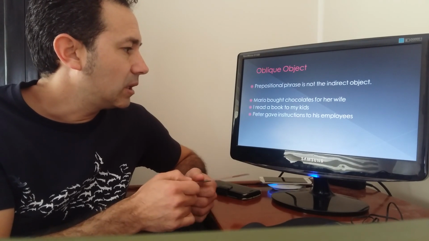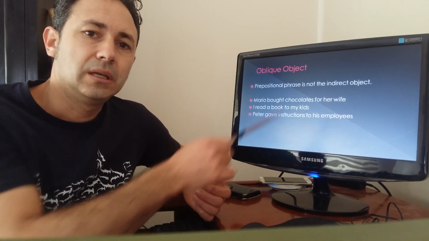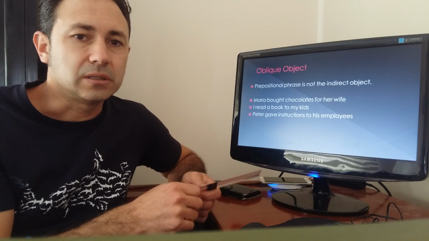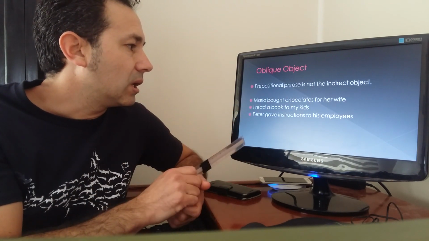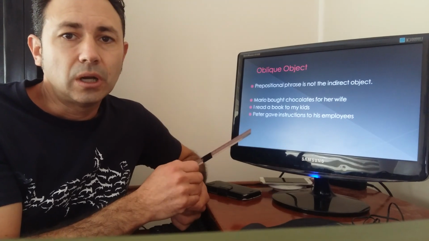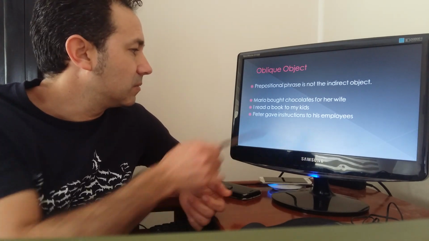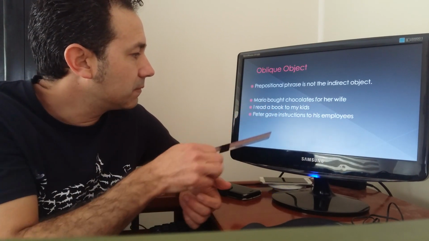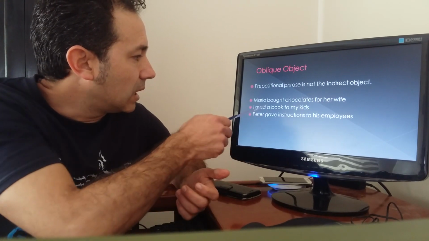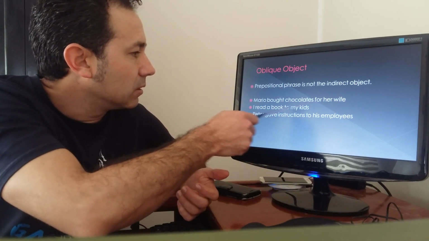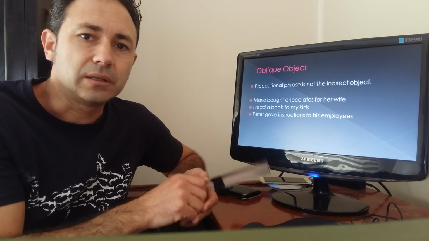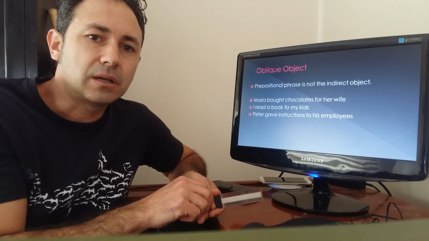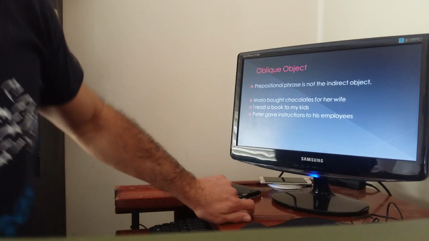So it's really similar to an indirect object, but here we have a preposition and it's not an indirect object. All these sentences can be transformed to an indirect object. Mario bought chocolates for his wife, and we could say Mario bought his wife chocolates. Then we changed it to an indirect object. That's all, and thank you very much.